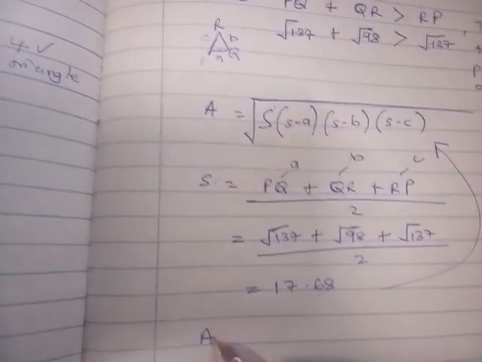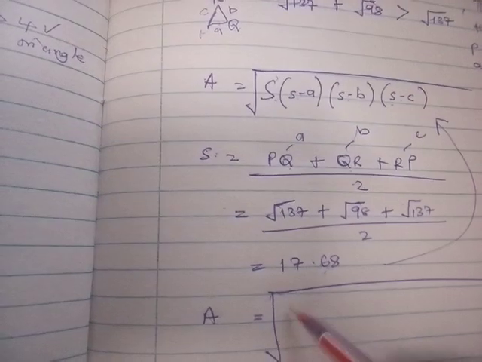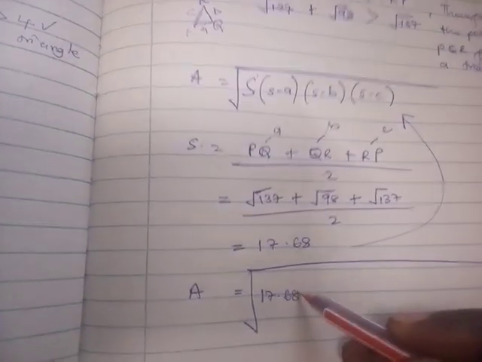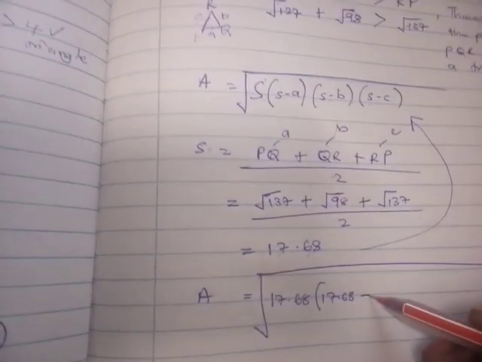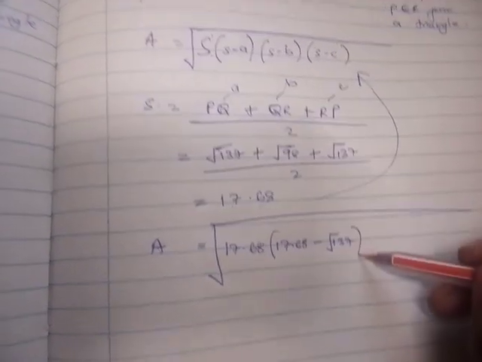So the area is equal to root of S, remember we had it as 17.68, then into 17.68 minus what was a? a is the length of P2, it is root 137.